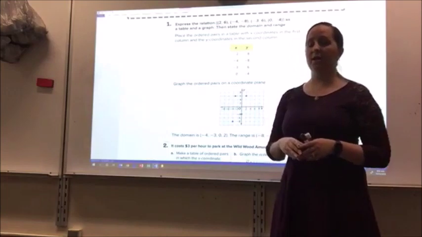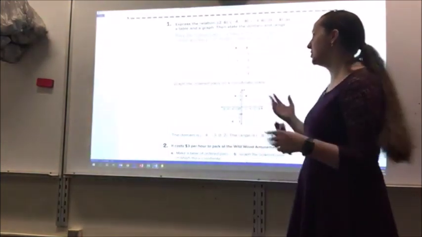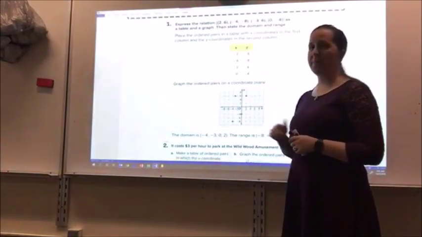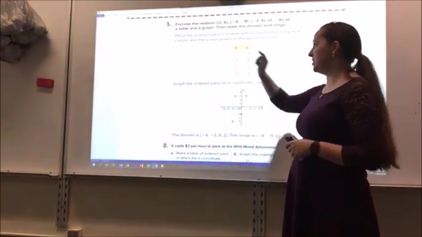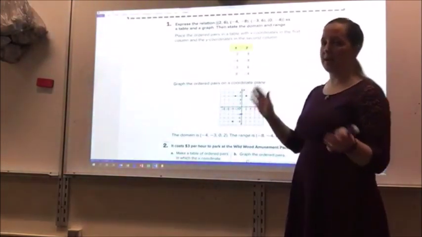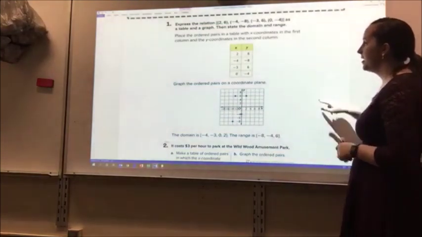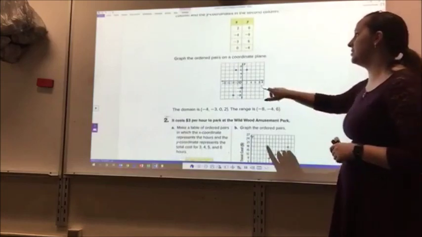So a T-chart is just one line that's vertical and one line that's horizontal, okay? And it just represents a list of items. At the top, you'll have X and Y, and then you'll list each of your coordinates. So 2 goes in the X, 6 goes in the Y, -4 in the X, -8 in the Y, and so on, okay? Then I'm going to graph those on the coordinate plane, which I've done so.